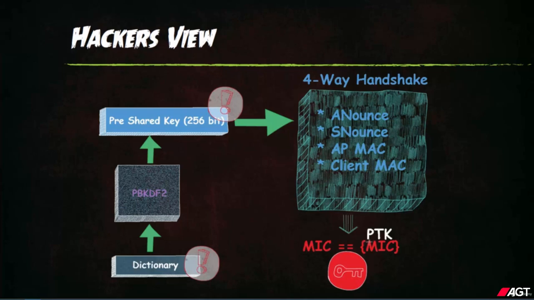If both match, that means the password from the dictionary is correct, the pre-shared key is correct, and the pairwise transient key is also correct. So this is how a dictionary-based attack works. In future videos, we will see some advanced attacks as well as this simple dictionary attack, and see how we can crack the WPA and WPA2 protocols.